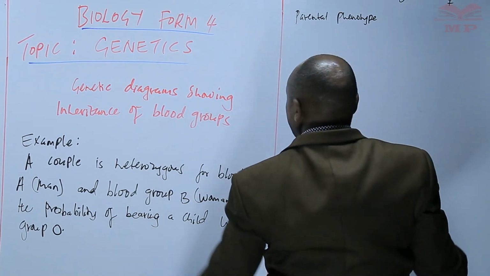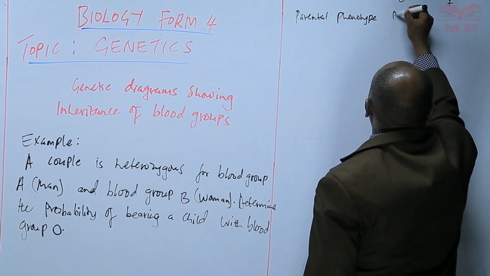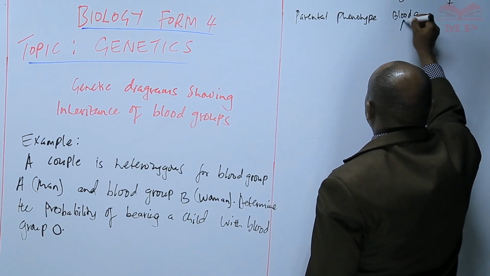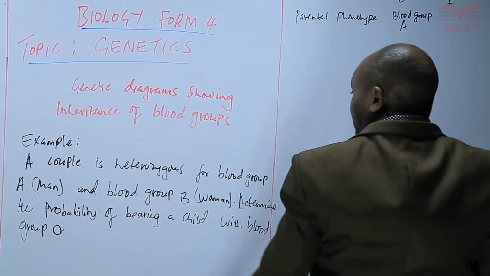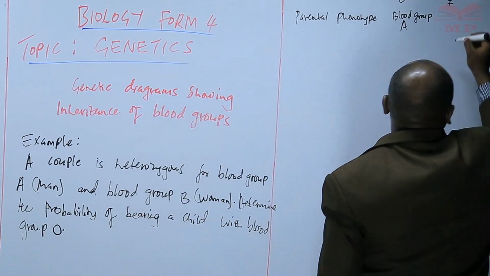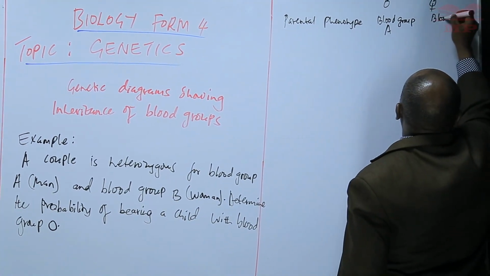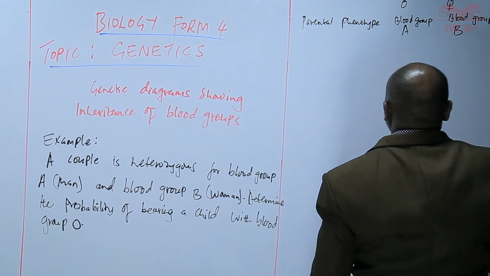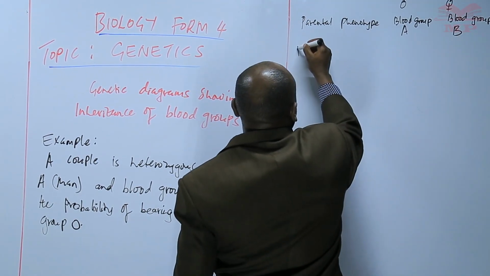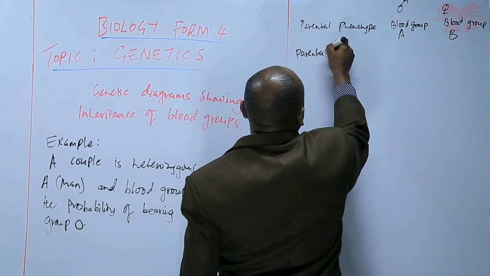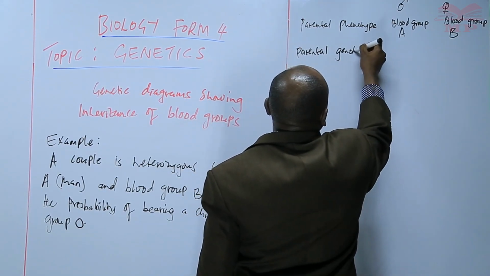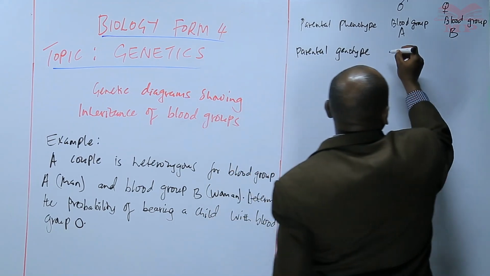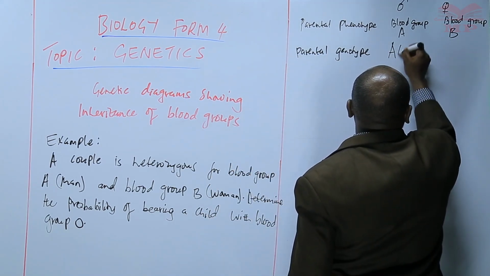The man is blood group A. Remember, blood group is the phenotype, and the woman is blood group B. Then we are told that both are heterozygous, so the parental genotype: A will be AO.